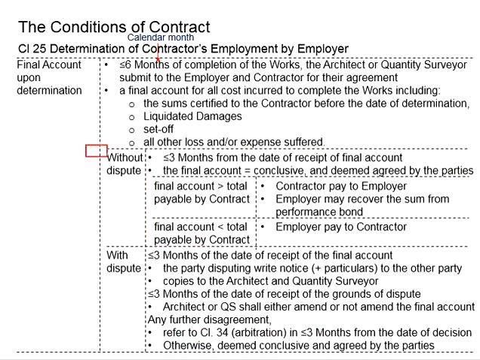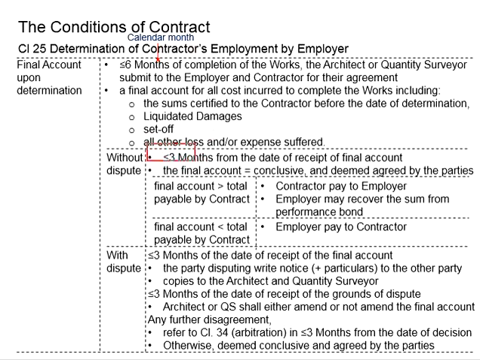Now let us look at the case when there is no dispute. Both the employer and the contractor agree with the final account. Within 3 months of the date of receipt of the final account, the final account is considered conclusive.